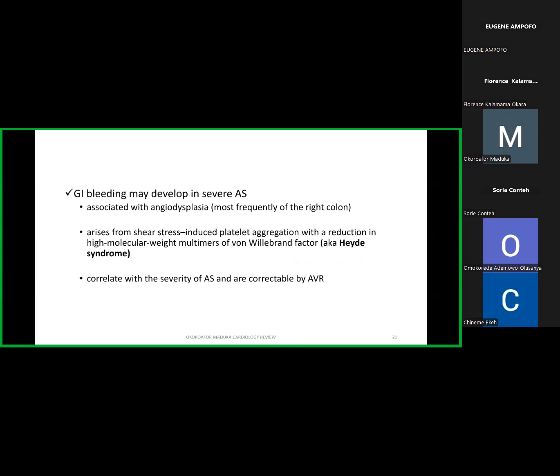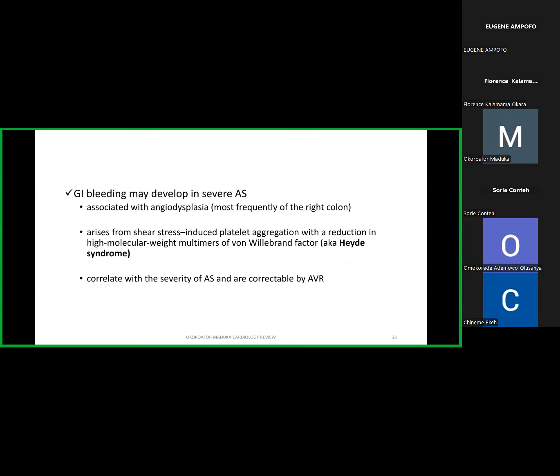The GI bleeding, like I talked about, is Heyde syndrome, in which they essentially have angiodysplasia in the setting of aortic stenosis. It usually arises from shear stress induced platelet aggregation with a reduction in high molecular weight multimers of von Willebrand factor.